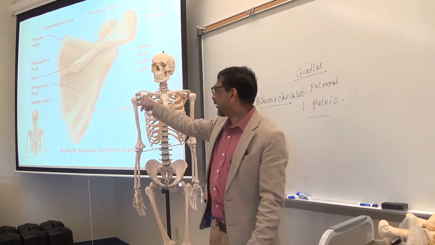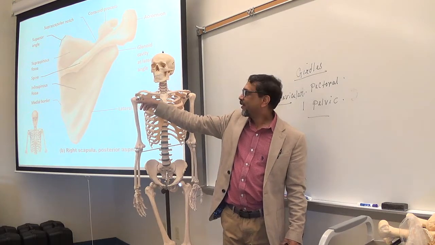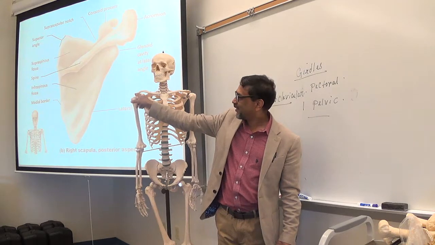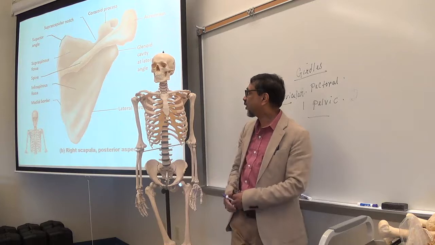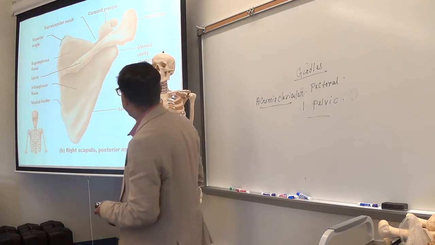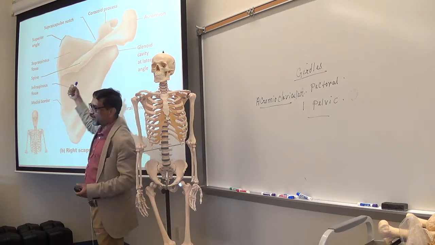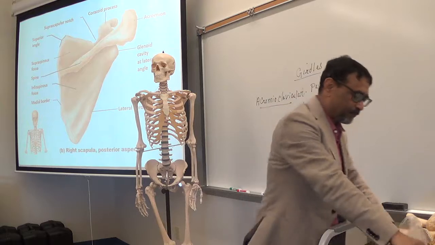So that's why they named it coracoid process. Make sense? And where the head of the humerus forms the shoulder joint, this part of the scapula is called the glenoid cavity. So the head of the humerus articulates there, the glenoid cavity.